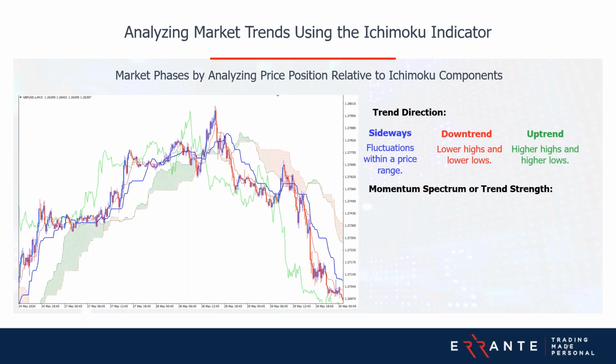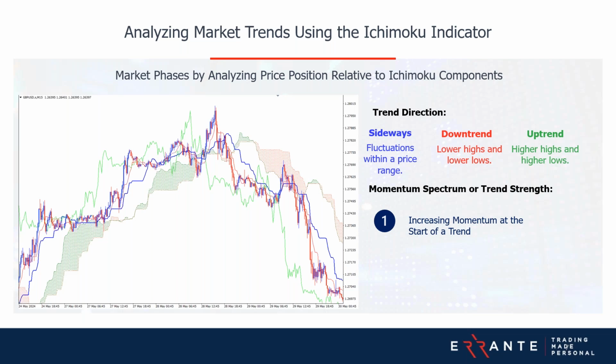But it's not all. We can also use the Ichimoku, as we discussed in the previous webinar, to identify the momentum. So we have the momentum spectrum or trend strength. Now let's discuss this: when a new trend begins, momentum tends to be strong as market participants react to new information or market conditions.